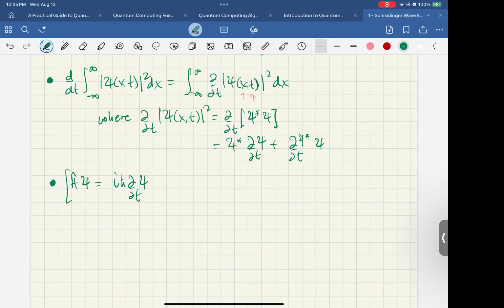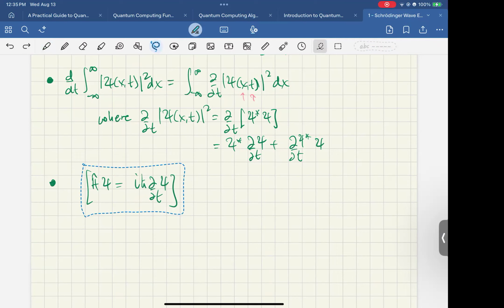So psi star H psi is equal to, ang ginagawa ng complex conjugate sa imaginary number?